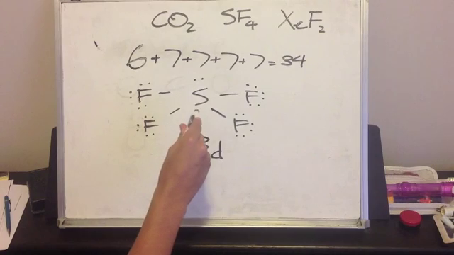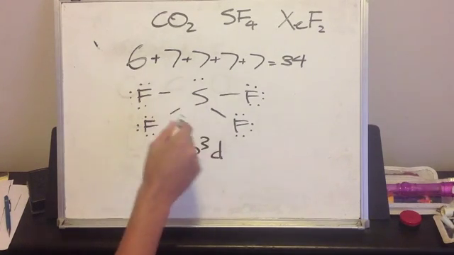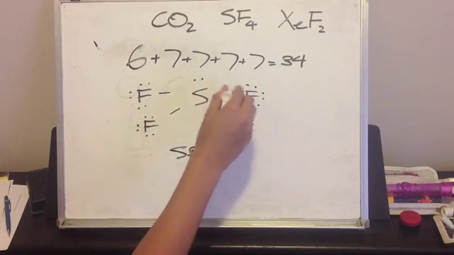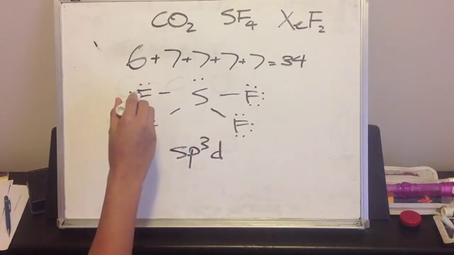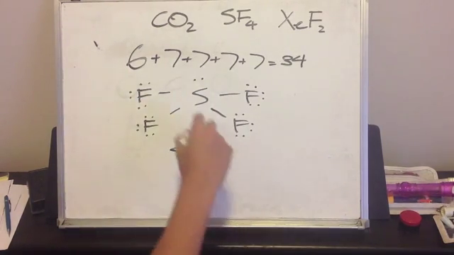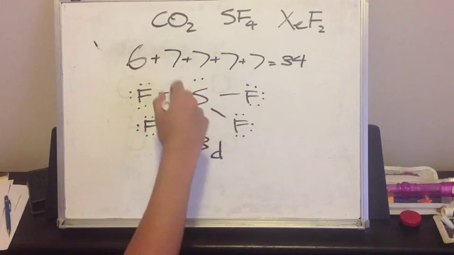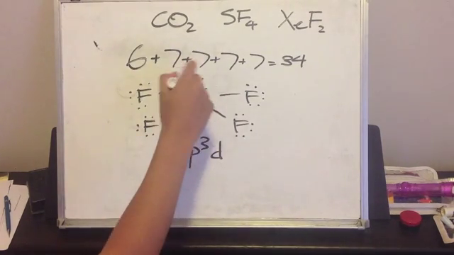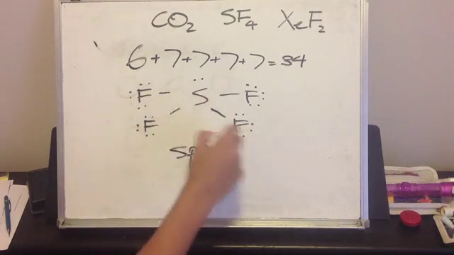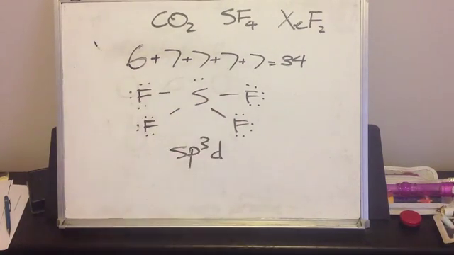Also from the structure, we can see that the molecule overall is polar, because these 2 bonds are on the axial positions, so they'll cancel out each other, while these are on the equatorial axis, and this lone pair can't cancel out the polarities from these 2 bonds. So overall, the molecule is polar.